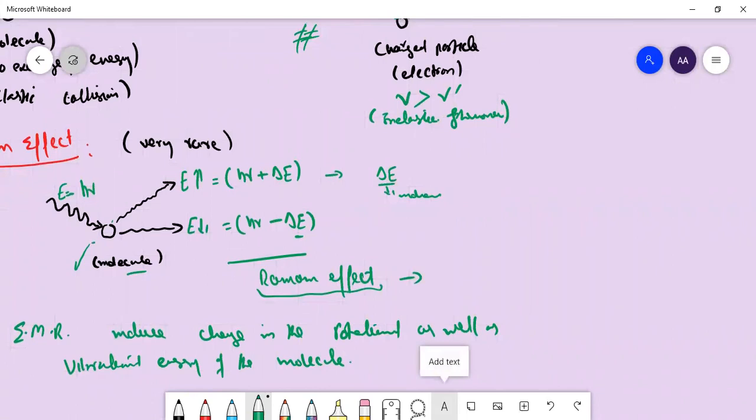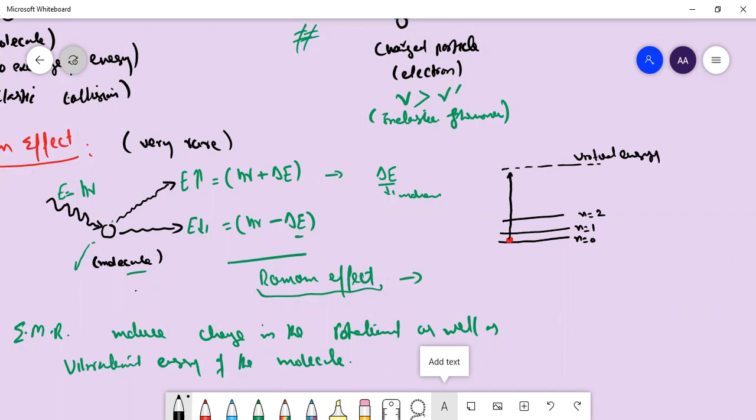Now, let's try to see this energy change graphically, and what we mean by Stokes and anti-Stokes lines, I will show you here. So, for example, these are our energy levels: n is equal to 0, n is equal to 1, n is equal to 2. For example, we have a molecule here at n is equal to 0. After this electromagnetic radiation strikes this molecule, the molecule will undergo excitation to somewhere, which I can say is a virtual energy level.